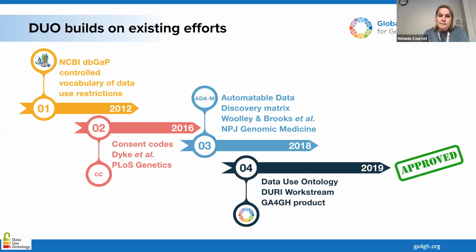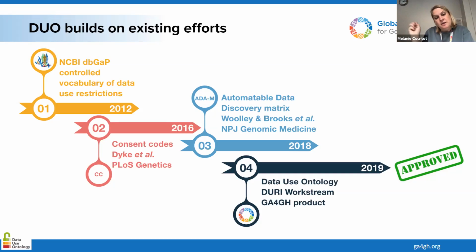First, the dbGaP control vocabulary from NCBI, the survey of consent codes, which Stephanie Dyke, NCBI, EGA, and the GA4GH regulatory group led, as well as ADAM, the Automated Data Access Matrix, which was led by Anthony Brooks, who is also on the call today, as well as the ADAM workstream. And those all came together and informed the development of the data use ontology under the umbrella of the Data Use and Researcher Identity workstream for GA4GH, as Melissa said earlier.